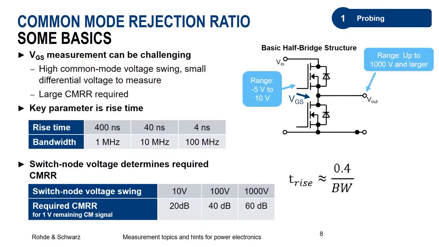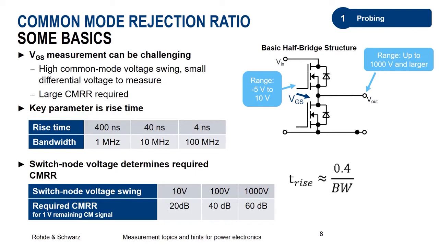Okay, let me dive a little bit into the topic of common mode rejection ratio, some basics. The main reason why common mode rejection ratio is important is that one of the typical measurements people have to do in power electronics is measuring the gate source voltage on a high side switch.